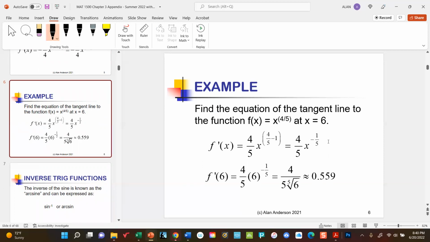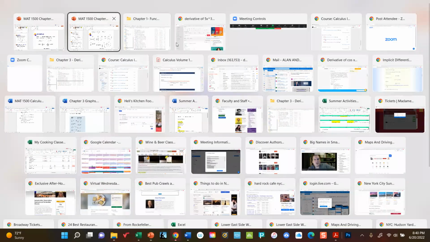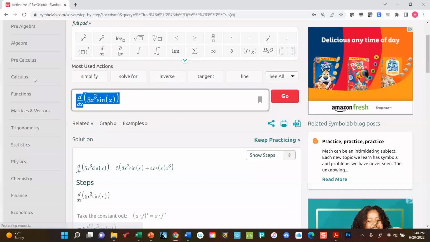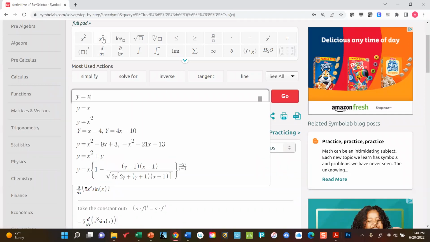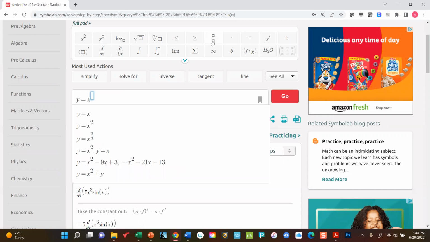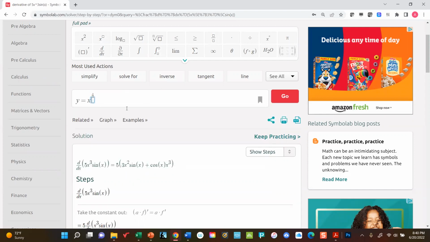Now, just for the fun of it, why don't we see what this thing looks like in Symbolab? I'm not sure what to expect here. Okay, interesting case. So it's x raised to the 4/5 power.